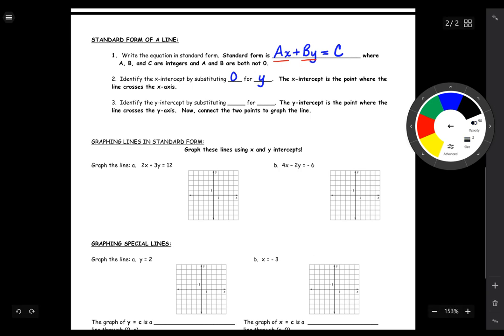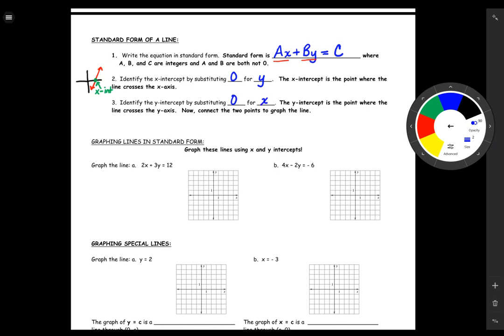So if I were to make a simple coordinate plane here, and I drew a line that looks something like this, this point right here would be the x-intercept because that's where the line touches the x-axis.